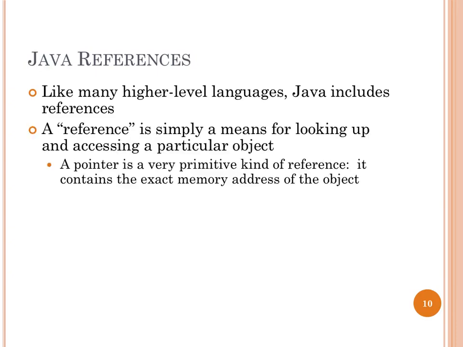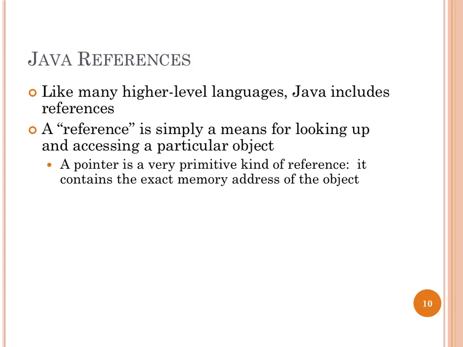So a reference is kind of like a pointer in that it's a way of looking up an object or referencing an object so that you can say, hey, you want to operate on this object I have over here, so here's a reference to it. Okay? And you can think of a pointer as being a kind of reference because it's literally the address of where that object lives in memory.